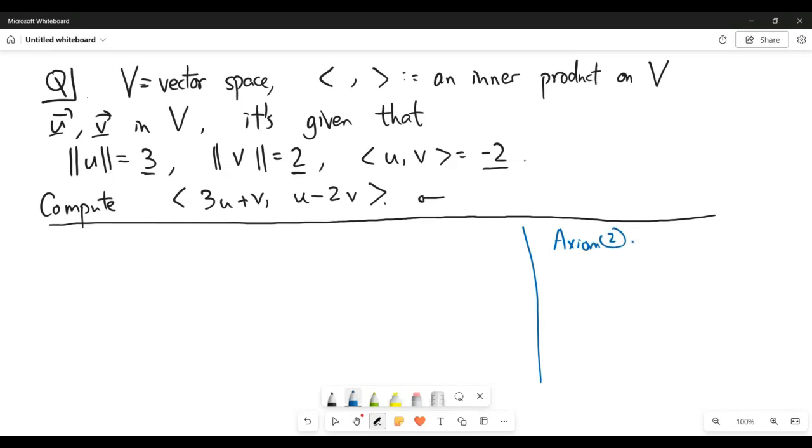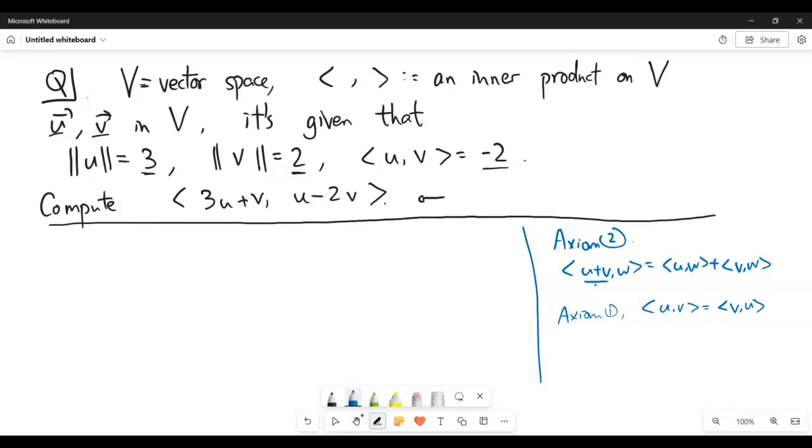Axiom 2 says that if you have a situation like this, with u plus v in the first position, a linear combination of two vectors, it is the same as this one: the inner product of u, w plus the inner product of v, w. Now if you recall axiom 1, the inner product is symmetric in this sense: the inner product of u, v is the same as the inner product of v, u.